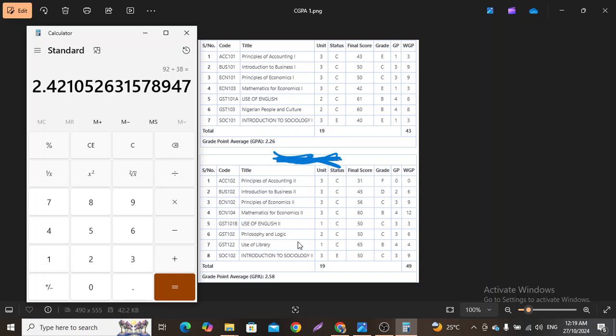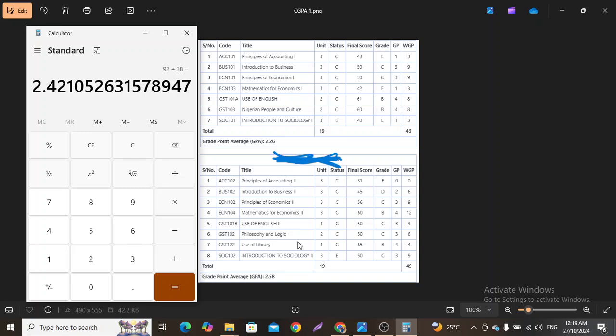In the next video, I will also bring another result, which will be a 200 level result that does not belong to the same candidate anyway. I'm just calculating something that I know will be useful to you. So you take the 200 level result and add it again to what we have here.